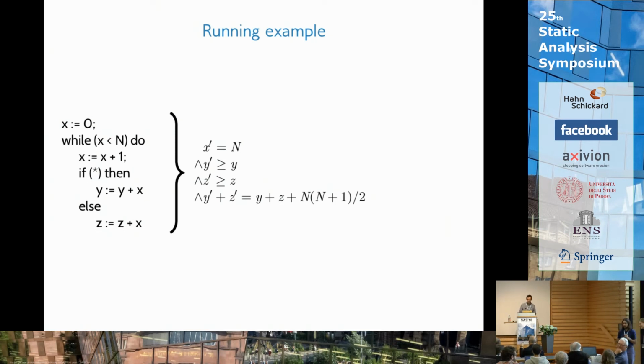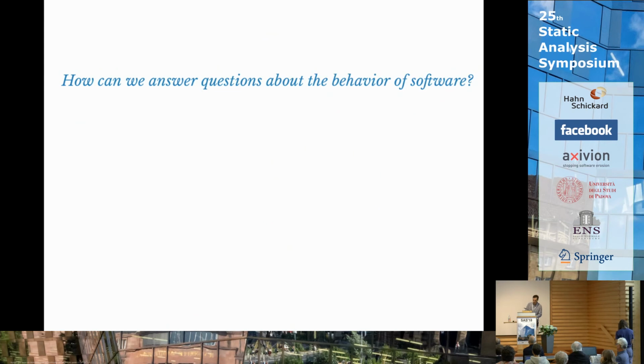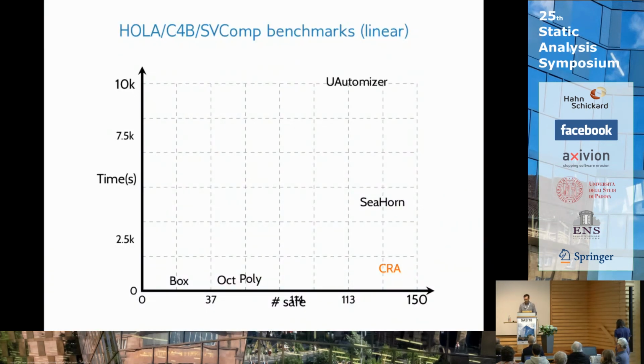Can you comment more about your second slide where you placed the CRA and the other analyzer? Something more about your experiments? What these programs do? These are all micro benchmarks.